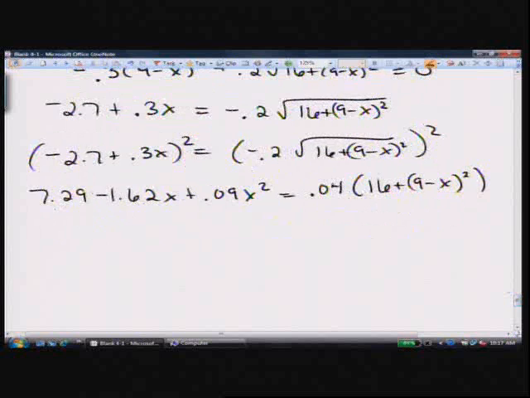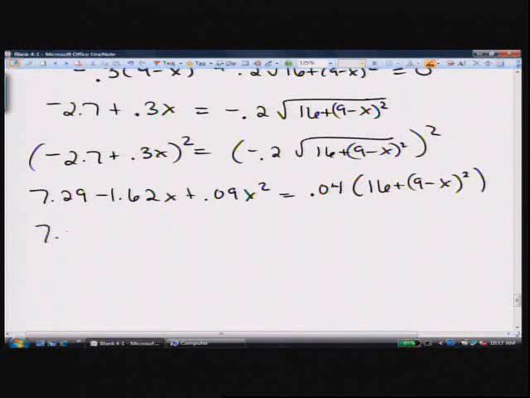What you do is use the distributive property here and make it equal to 0, because this is going to be a quadratic.